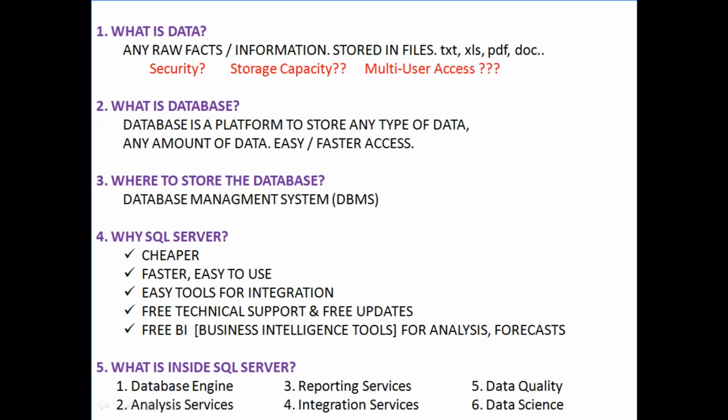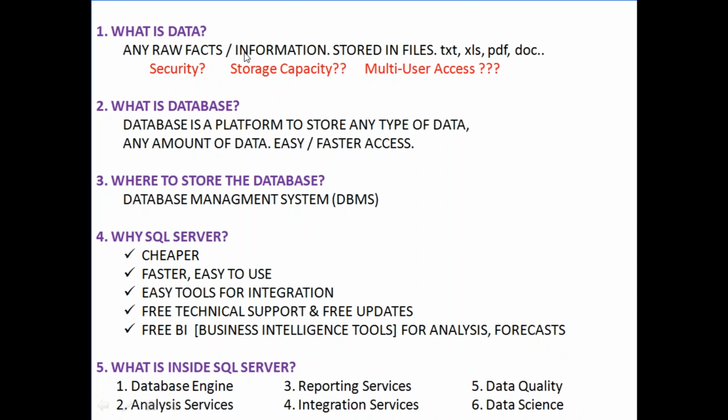On my screen: what is data? Raw facts or information stored in files like text files, Excel files, PDF, doc files. These types of files were used to store raw facts or information in the past, in olden days.